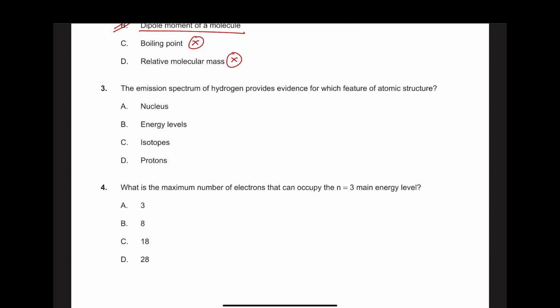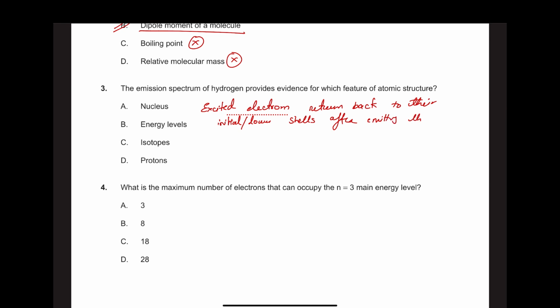So excited electrons return back to their initial or lower shells after emitting the energy absorbed as a photon. And when all of these photons are collected, you get the emission spectrum. So the entire emission spectrum is based on the electrons themselves.